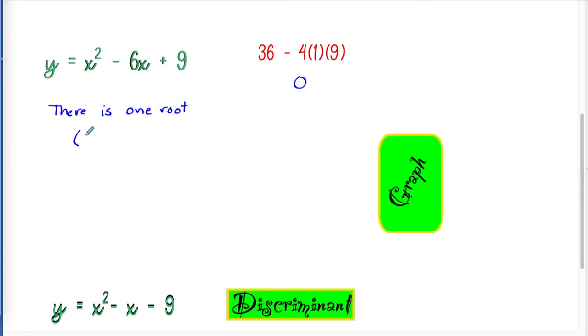So sometimes we say technically there are 2 roots, right? Because it's raised to the second power. We're going to do more about that in the next chapter. 2 roots that are equal and rational.